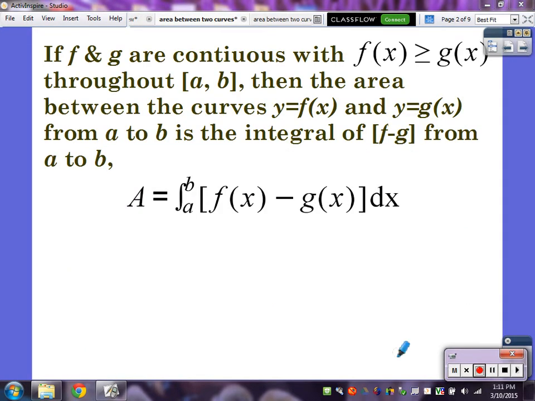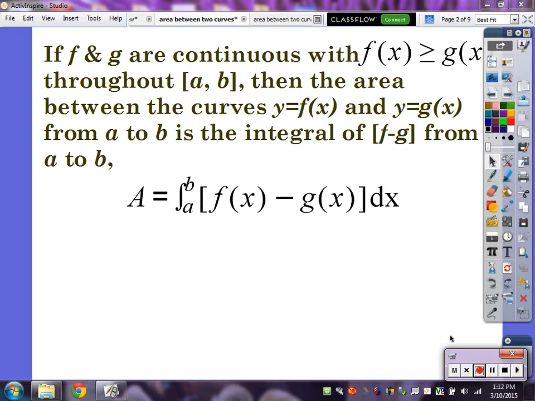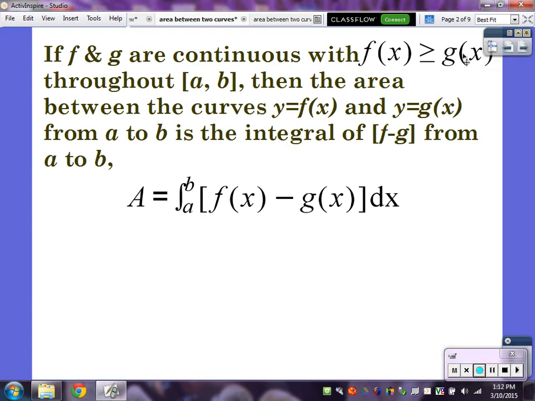So formally, the area between two curves can be found in this way. If f and g are continuous with f of x greater than or equal to g of x throughout the closed interval a to b, then the area between the two curves y equals f of x and y equals g of x from a to b is the integral of the difference of f and g from a to b.